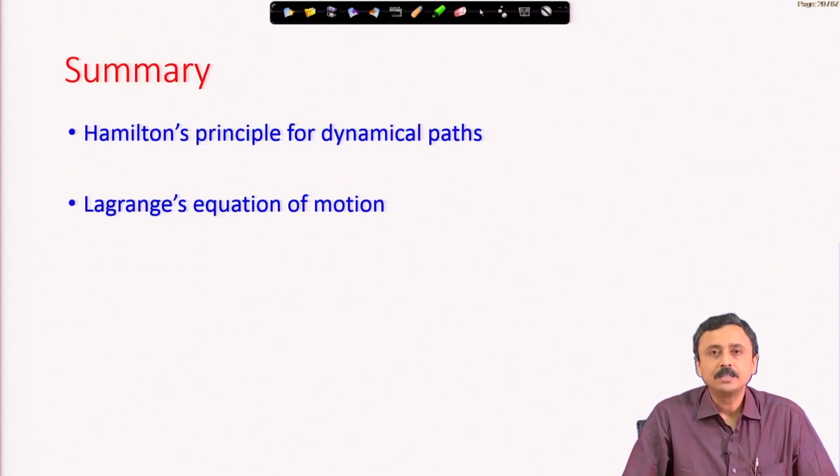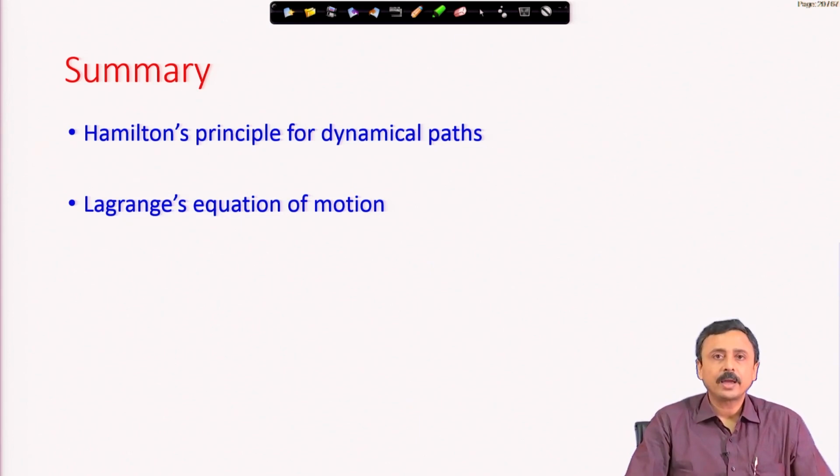Just to summarize, we have looked at Hamilton's principle and derived the Lagrange's equation of motion previously, and in this lecture we have looked at some examples in which I have shown the application of Lagrange's equation of motion in various mechanical systems. You have to remember the steps.